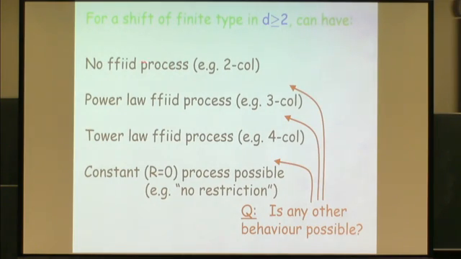We know examples of these 4 types. The 2 trivial cases where there's no FFIAD process at all, and the case where there's a constant solution. And we know cases where power law is the best, we know cases where tower function is the best, and there are 3 gaps in between here. So question, are there any other things in any of those 3 gaps?